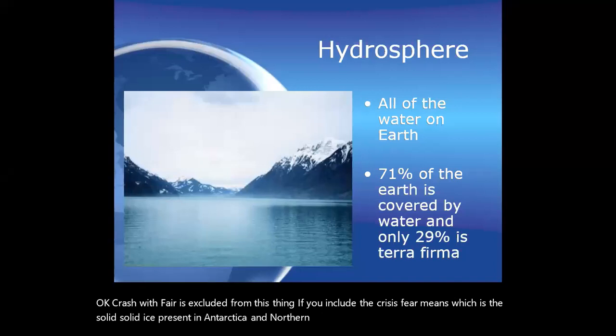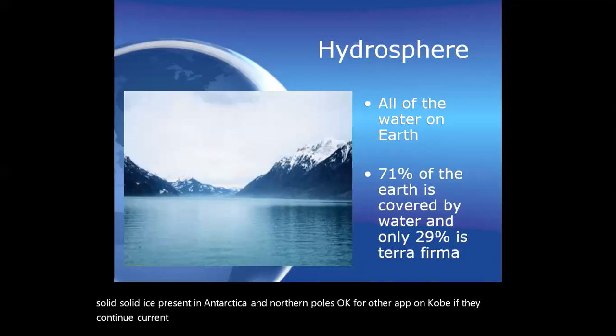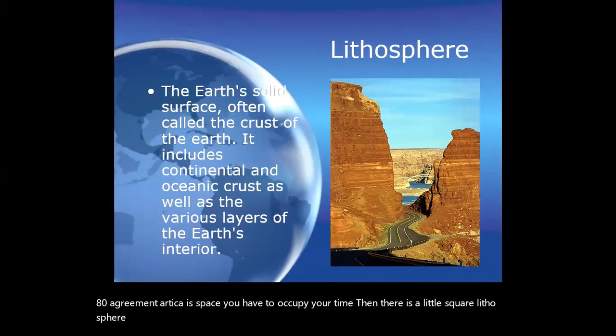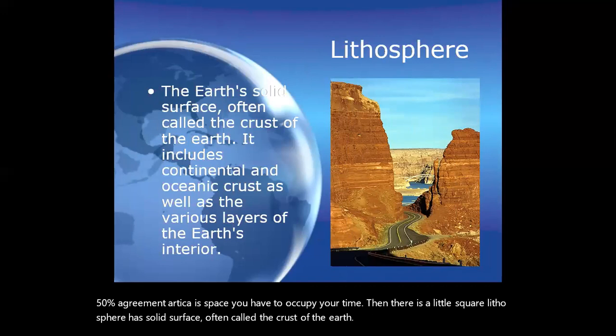ओके, तो अगर आप उनको भी इसमें कंटिन्यू करें तो फिर ये 90% तकरीबन अर्थ का स्पेस जो है वो ऑक्यूपाई हो जाता है. Then there is a lithosphere. Lithosphere has solid surface, often called the crust of the earth. ठीक है जी, Earth's solid surface.